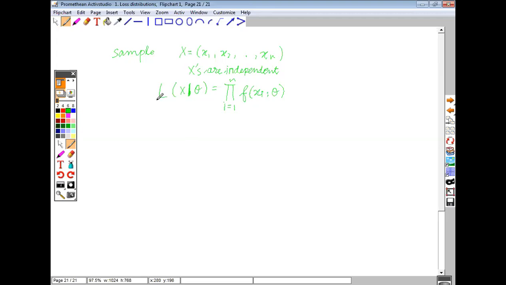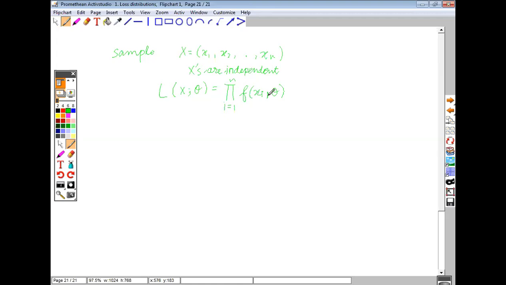Because when we write something like this, we assume we know something about theta and are trying to figure out something about x, which is not what likelihood is. We know something about x and we are trying to figure out theta. So I would suggest all of you always use this semicolon and not the dash, just to make the idea of likelihood clearer in your mind.